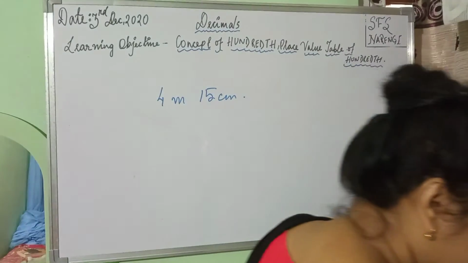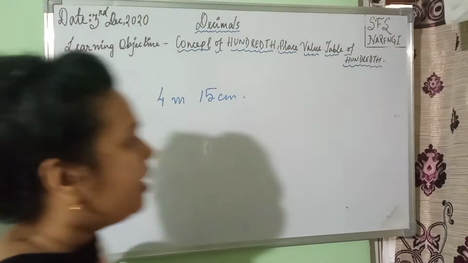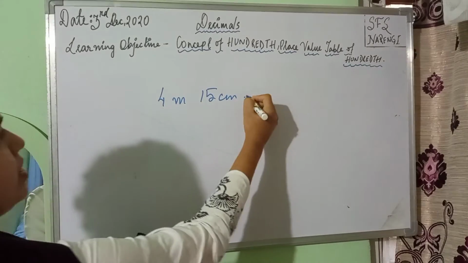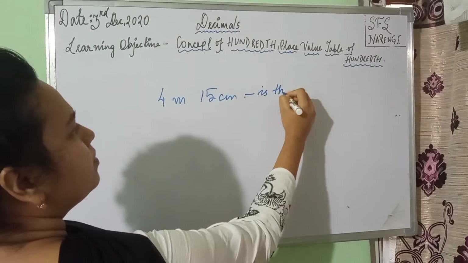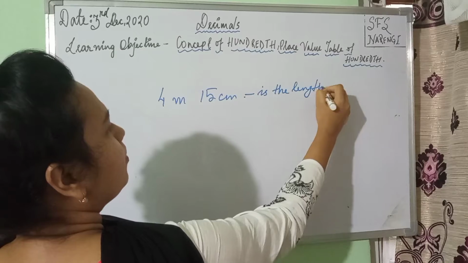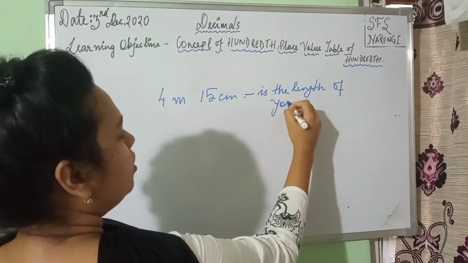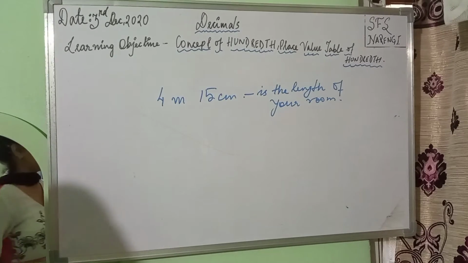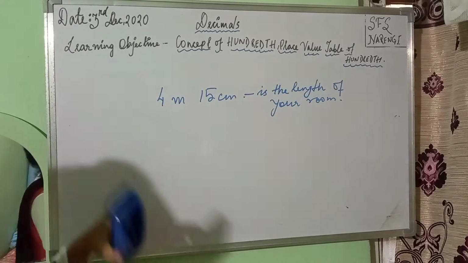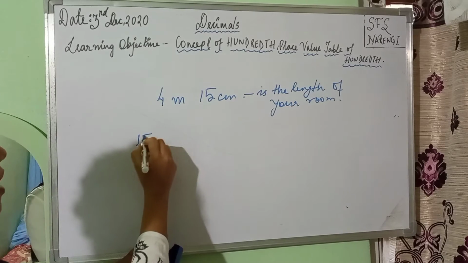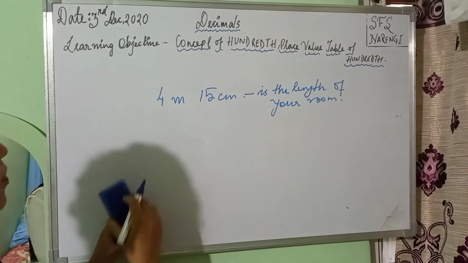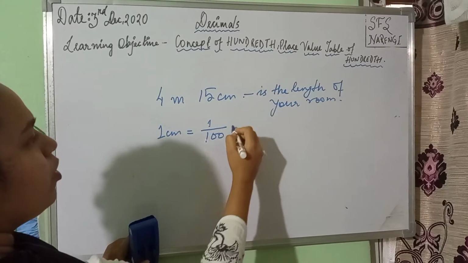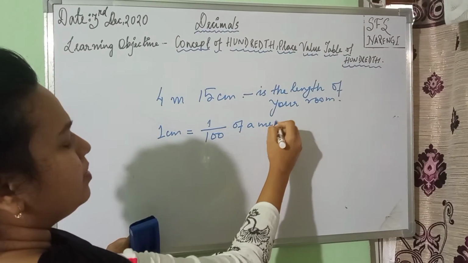If you have to write the entire length in meters, I know that 1 centimeter is 1/100th of a meter, right?